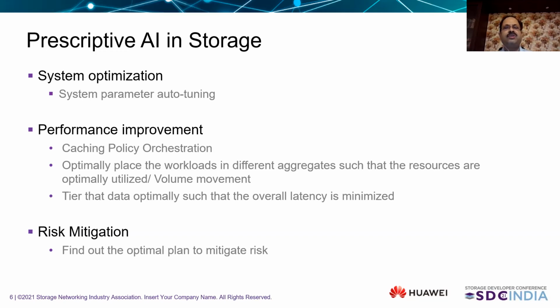Optimally place the workloads in different aggregates such that the resources are optimally used, volume movement. So resource utilization, how to optimally do the resource utilization. Even for containers we can think of such problems, not only the infrastructure but even for containers, where the storage, CPU, memory, and network are involved, how to optimally use such resources.